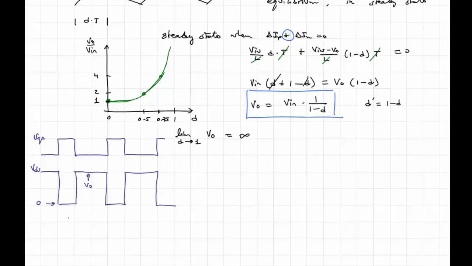We would have an inductor current that will actually rise and then fall, and rise and fall.